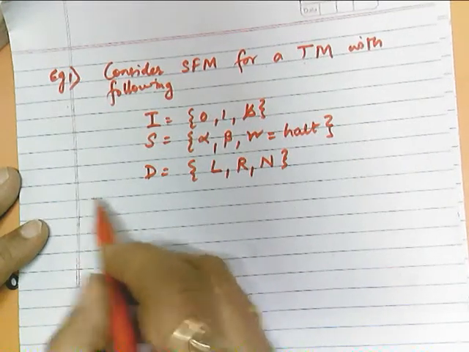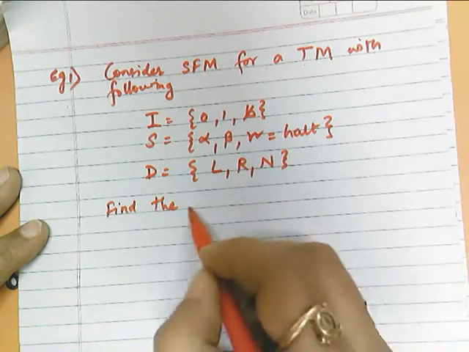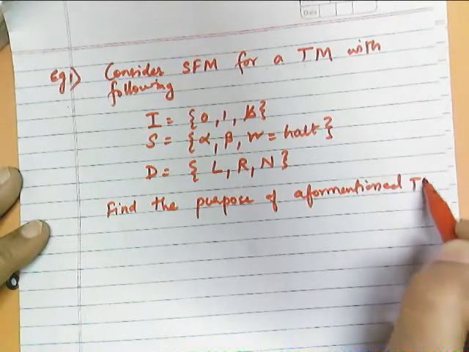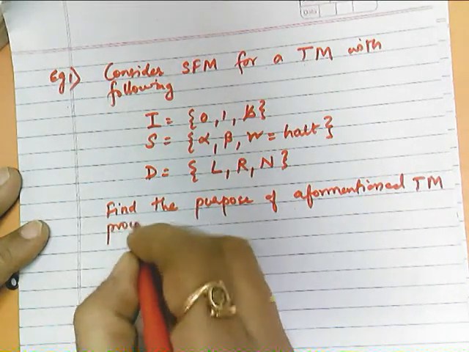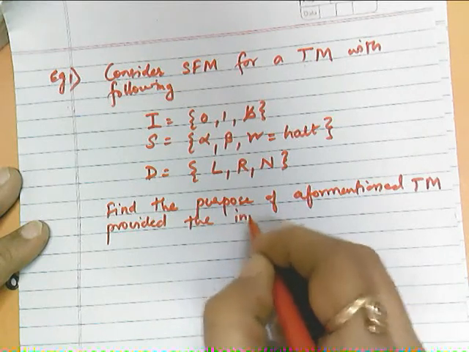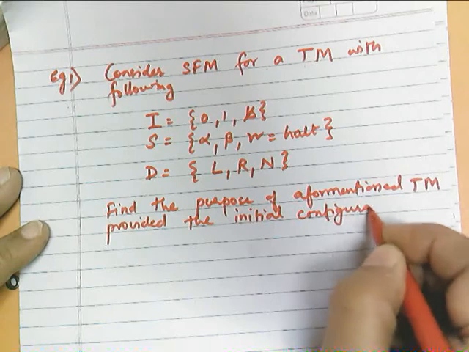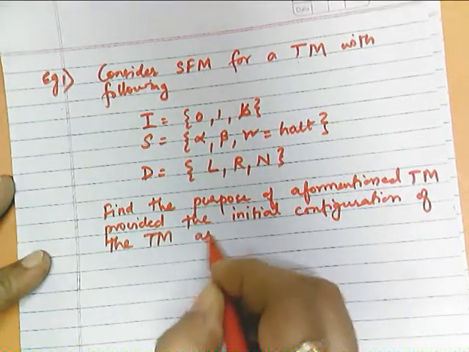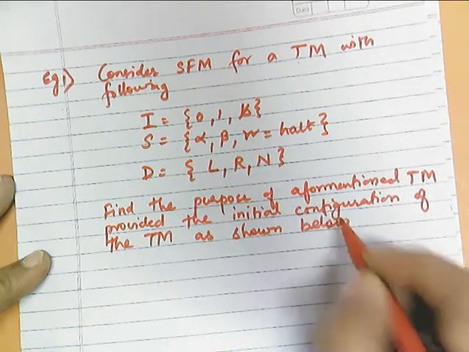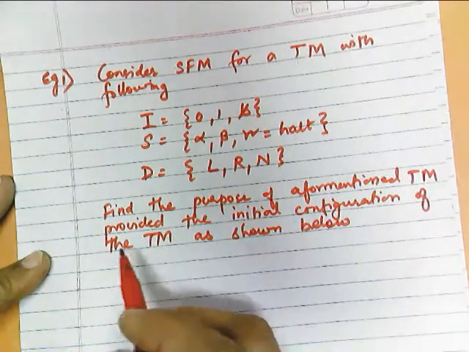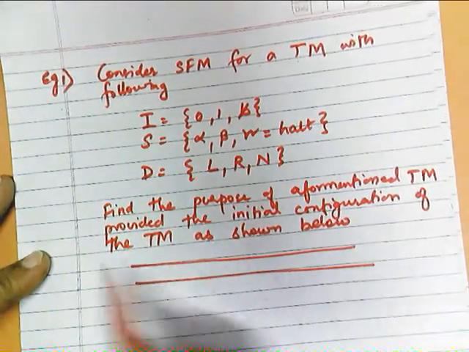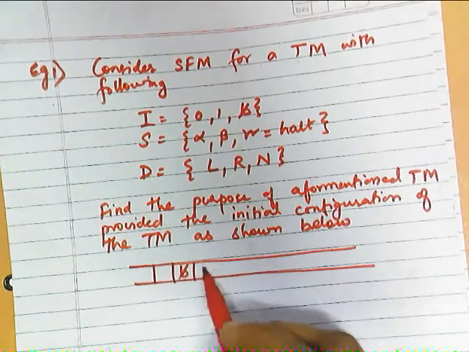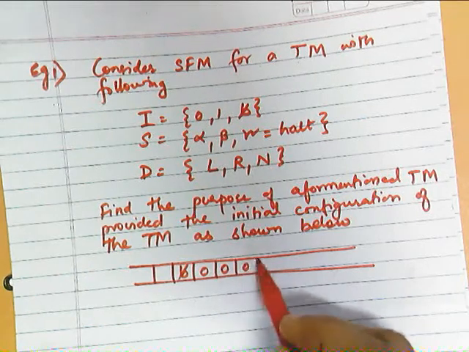Now the question is, find the purpose of the aforementioned TM, provided the initial configuration of the TM as shown below. 0, 0, 0, 1.